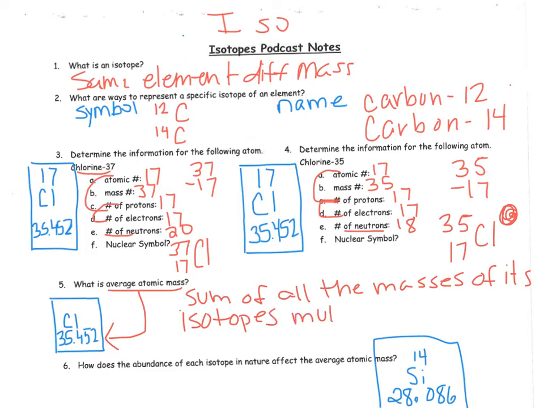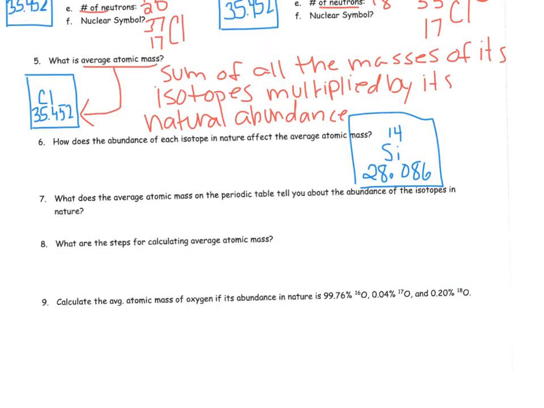So essentially, we've paid scientists to go around the planet and capture different elements and put them in a machine, and those machines tell us that so much of the carbon on the planet is 12, so much of the carbon on the planet weighs 14, and so we get an average atomic mass, which is the total of all those masses when you multiply them by their abundance.